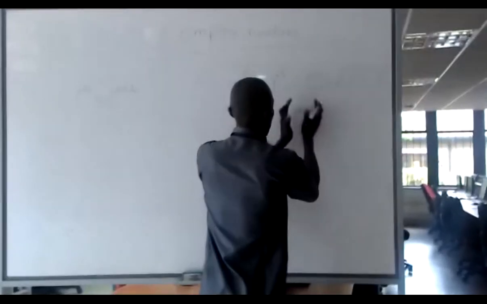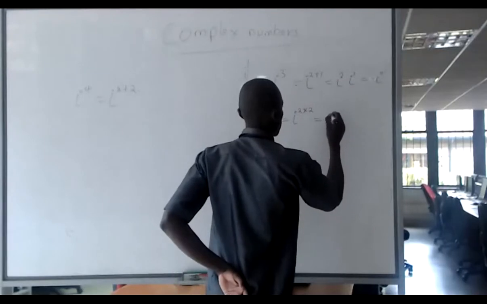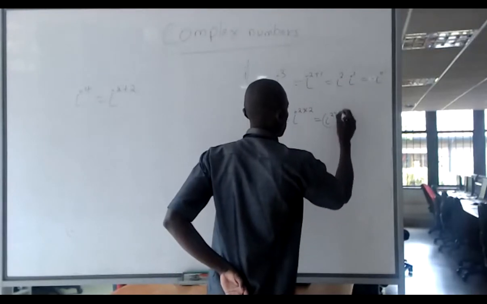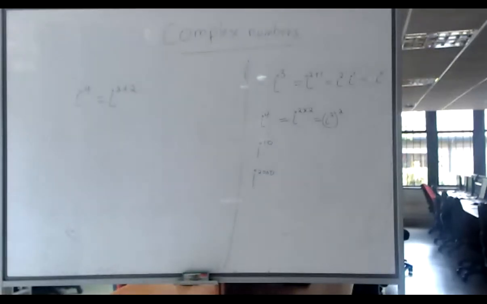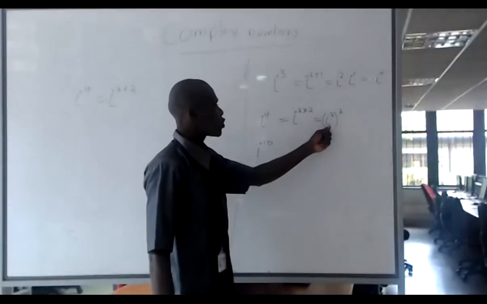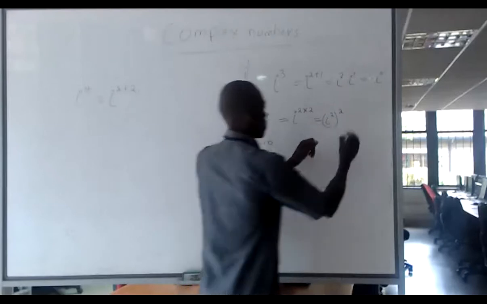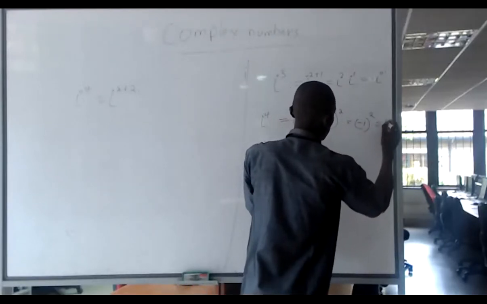If you write it as i to the 2 times 2, we know this is the same as i squared, squared, because of the law of raising an exponent to another exponent. But we know i squared is negative 1. So this is like negative 1 squared, which will give you 1.